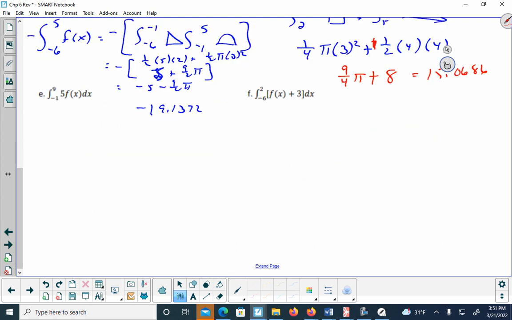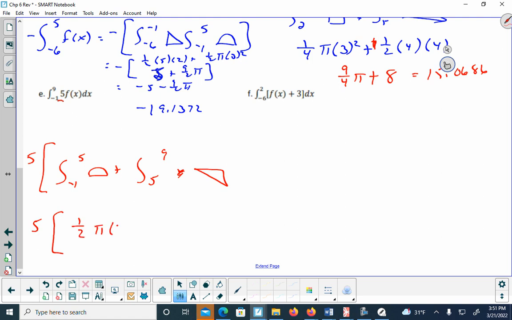Okay, E, I'm going from -1 to 9. I have this 5, so I'm going to do 5 times the whole thing. I'm going to go from -1 to 5 plus 5 to 9. This is going to be the half circle. This is going to be the triangle just below. So there's that 5 out in front. So this is 1/2 pi r squared plus 1/2, my base is 4, my height is 4, but since there's no absolute value sign and it's below the axis, I'm going to put a negative sign there.